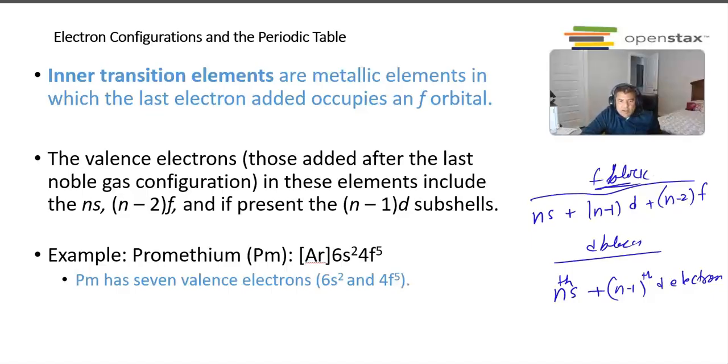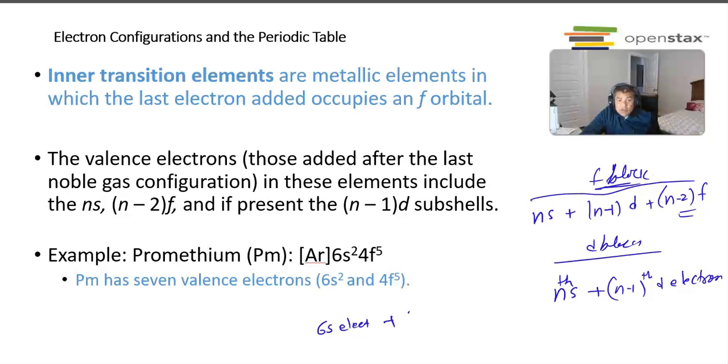So for example, promethium. The 6s electrons are how many? 6s electrons plus n minus 2 f, which is 6 minus 2, 4f. It doesn't have d, right?